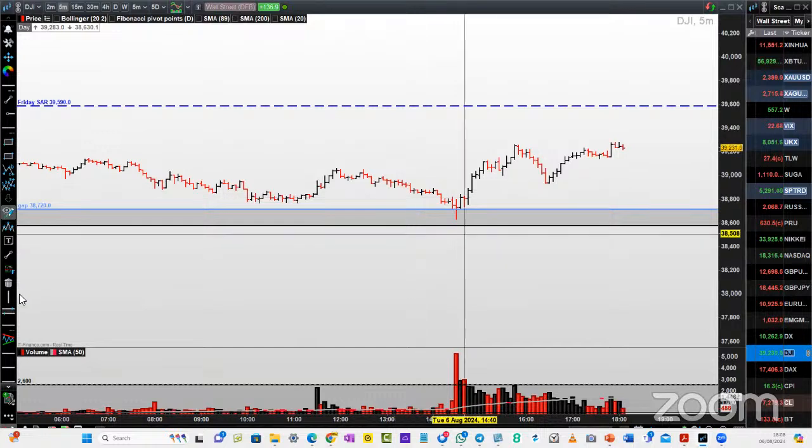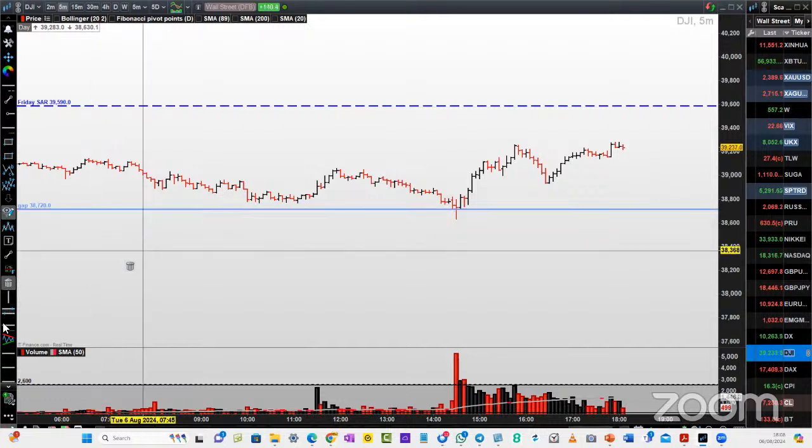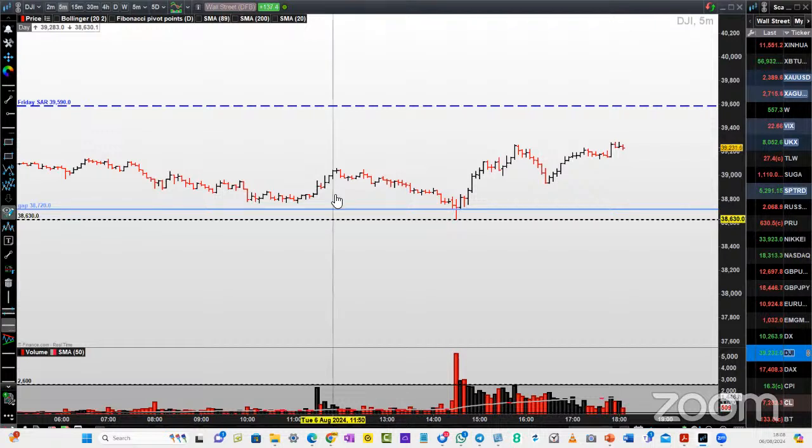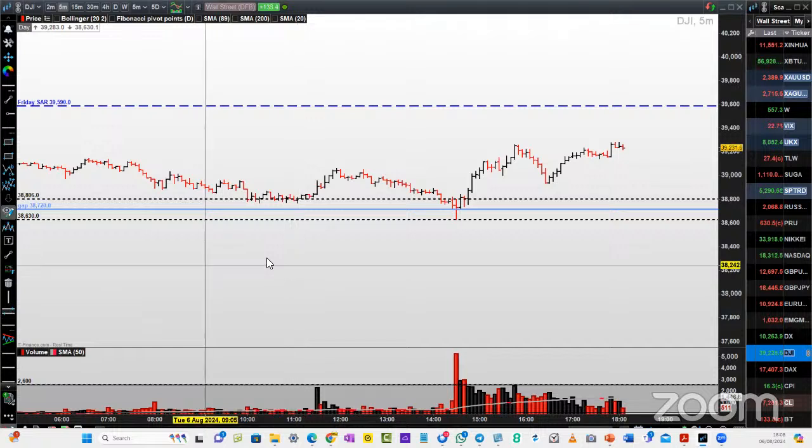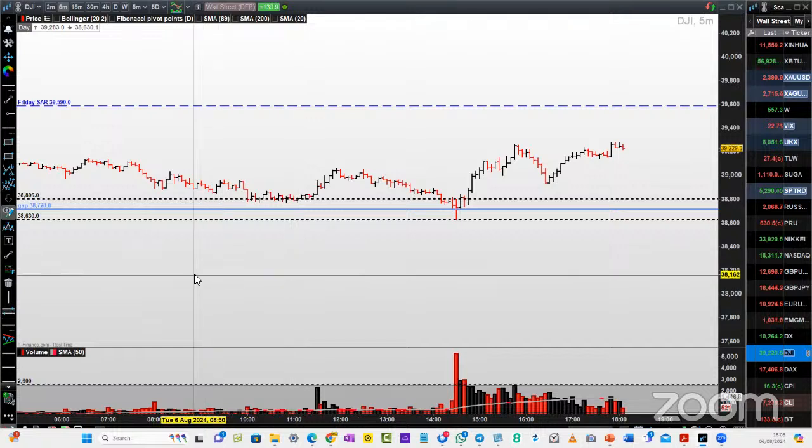Now, a couple of things are significant about this. If I range the first 5 minute bar, what's that telling me? Most importantly, we closed above the gap. That's really bullish, to hold the gap in the open.